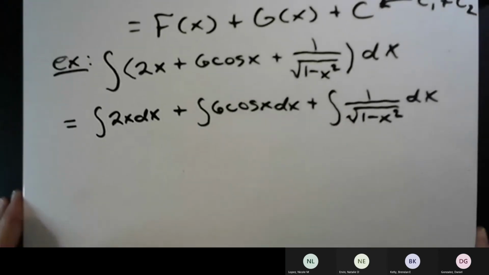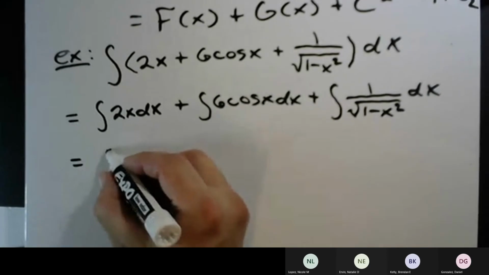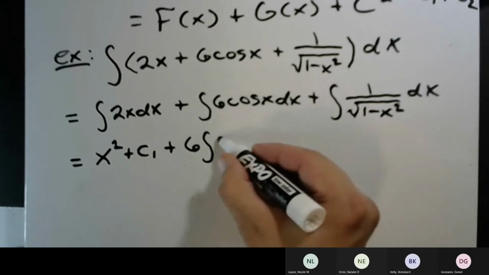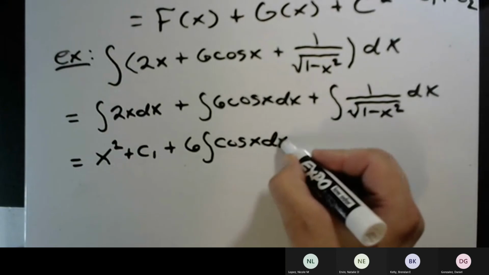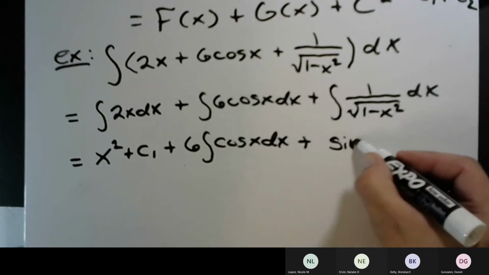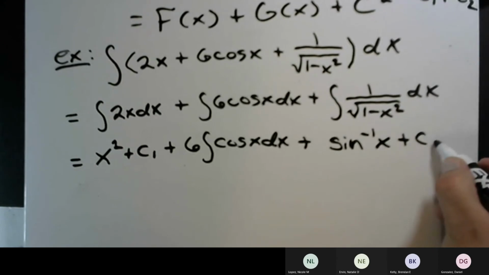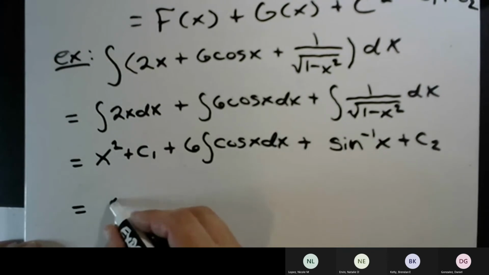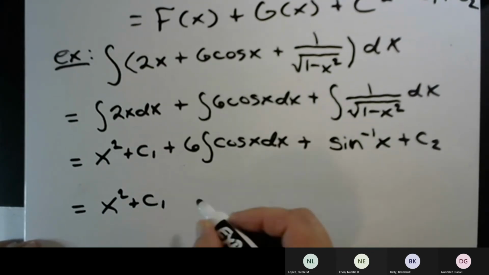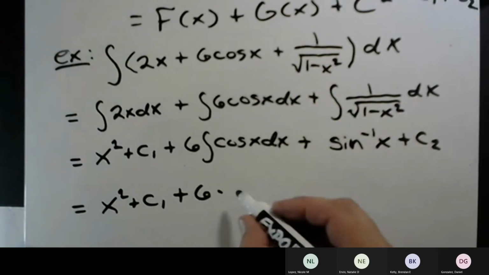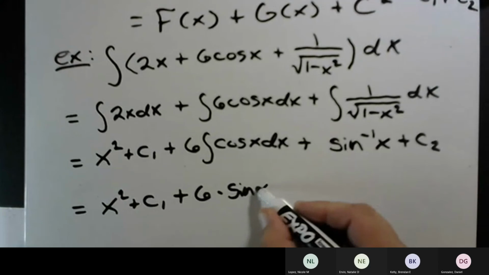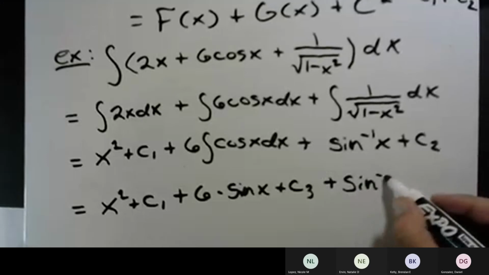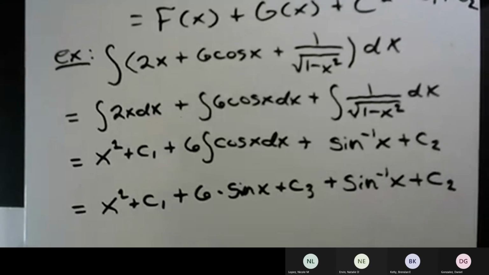So we'll get x squared plus C1, plus 6 times sine of x plus C3, plus sine inverse of x plus C2.